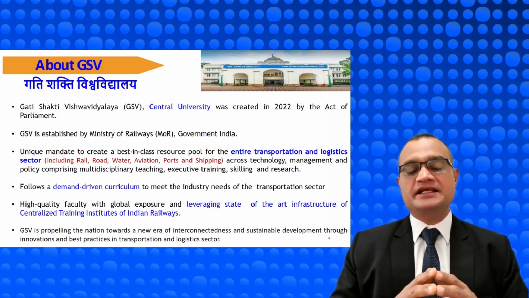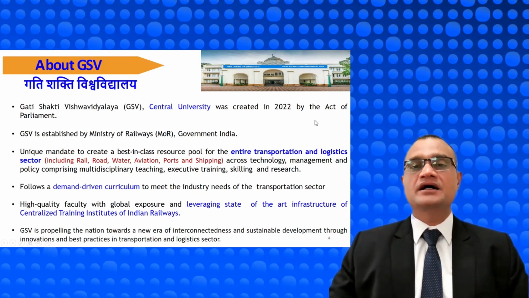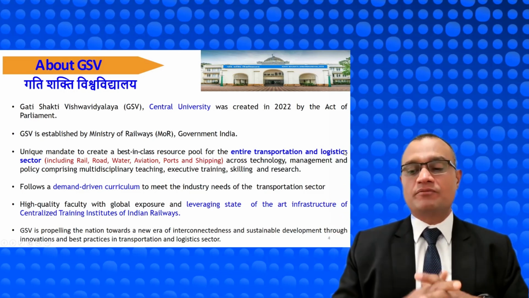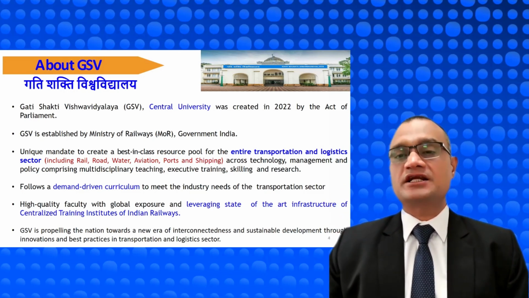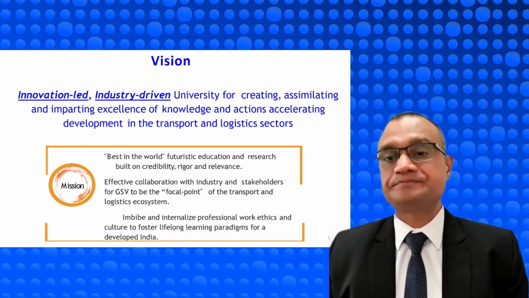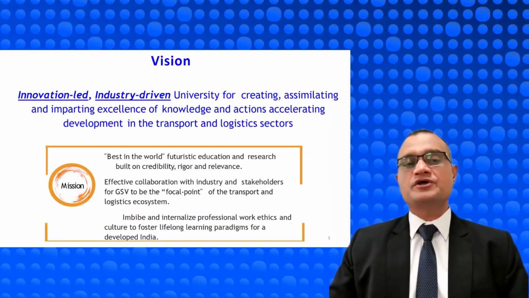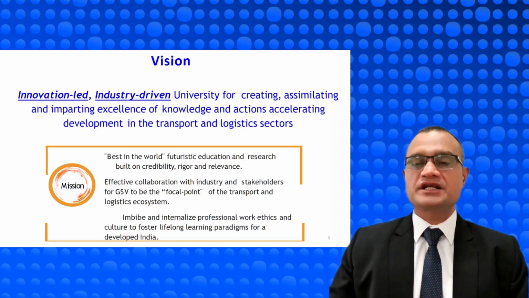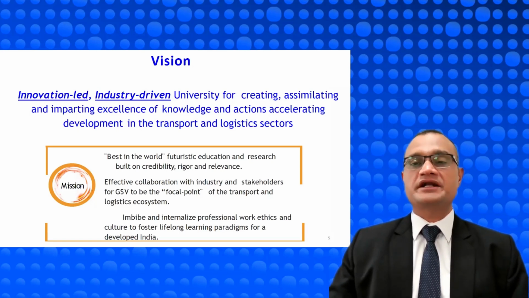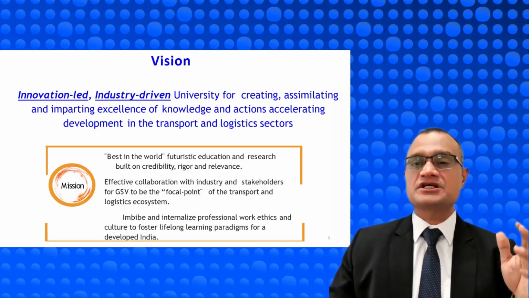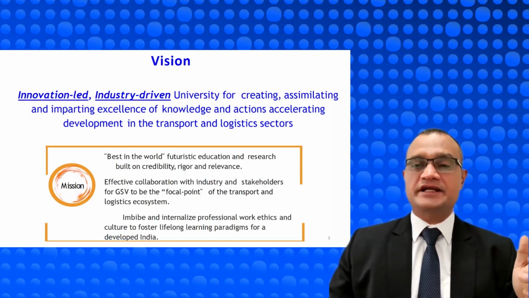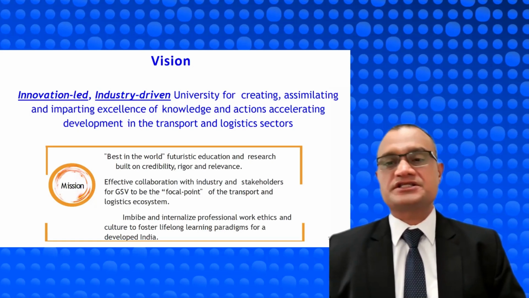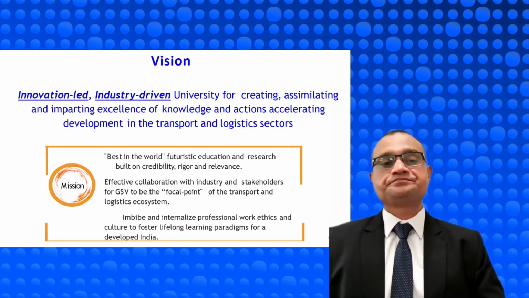GSV is propelling the nation towards a new era of interconnectedness and sustainable development through innovations and best practices in the transportation and logistics sector. The vision of the university is innovation-led and industry-driven, to meet the 21st century aspirations of the nation and society, and the transportation and logistics sector at large.